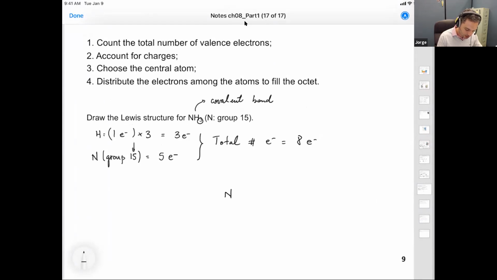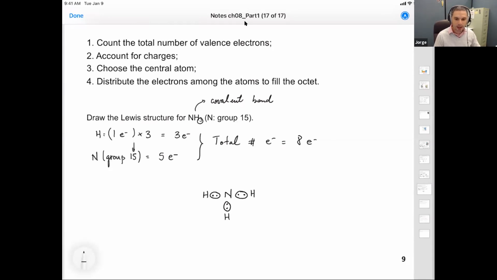So the strategy here is to spread the hydrogens around the nitrogen. Now, nitrogen and hydrogen will share a pair of electrons. So that's a good starting point. So share one here, share one here, another pair of electrons shared here as well.